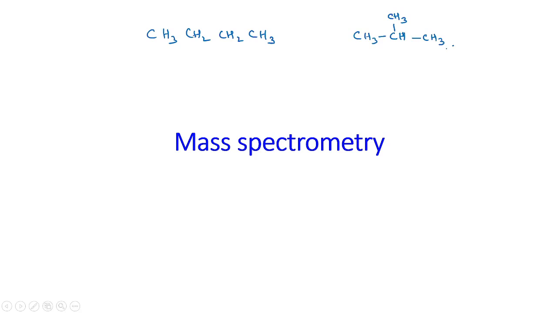Now how would you find out, if I ask you to tell me the difference between the mass spectrographs of these two molecules? So if you see the molecular mass of these two, what is it? 1, 2, 3, 4, 58.